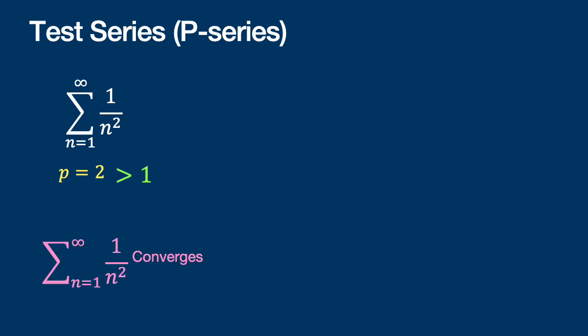Let's have the first example for those P series, guys. The P series I give here is 1 over n squared. The p value is 2. p is greater than 1, so this series converges. Okay? That's the P series. Another one: summation 1 over square root of 2n. The power is what? p is 1/2.